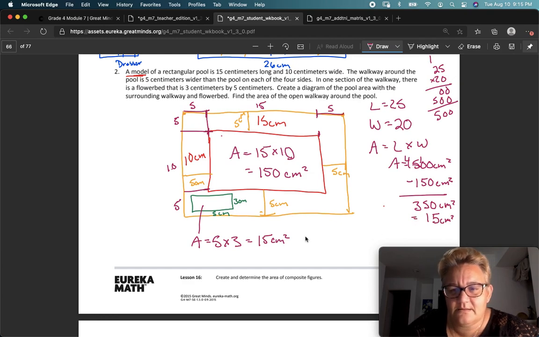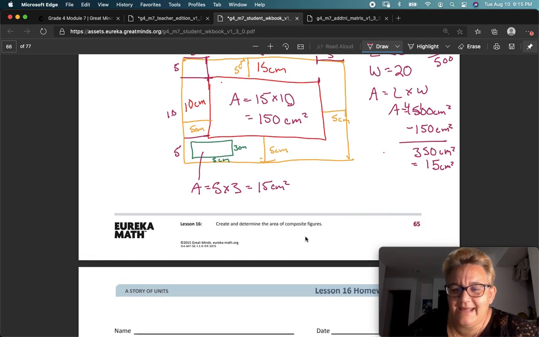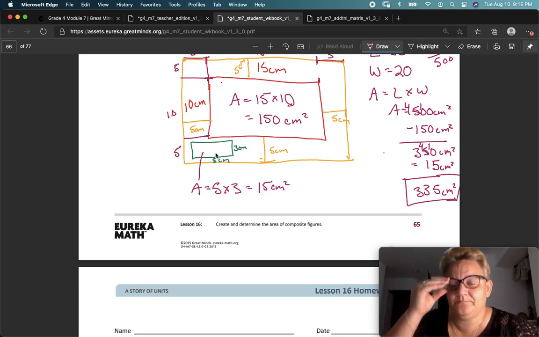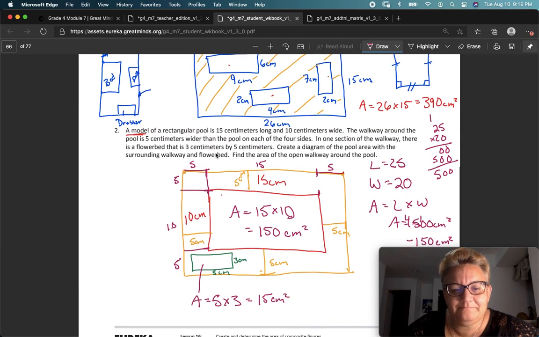And I'm going to get, okay, I'm going to borrow, 5, 3, 3. 335 centimeters squared is the area of just the sidewalk, not the pool or the flower bed.